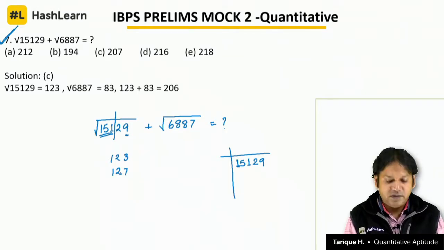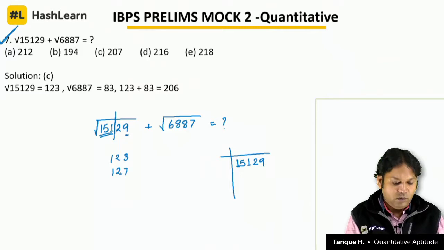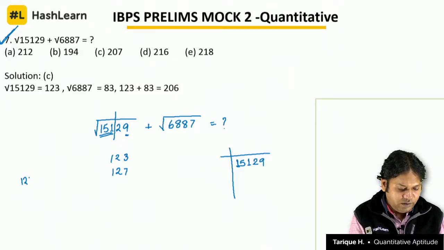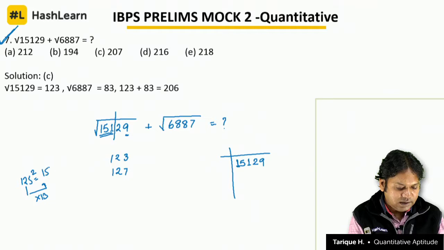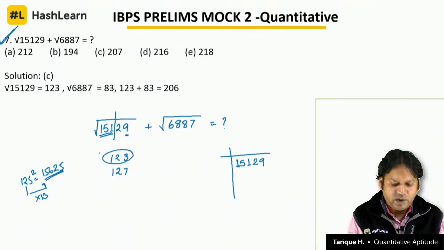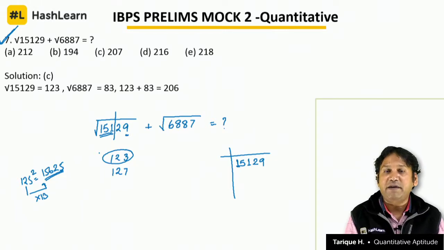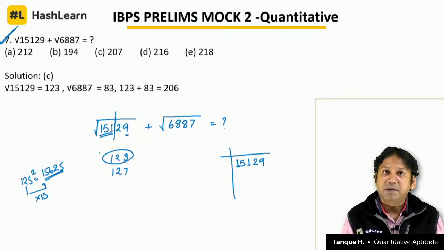So you can just quickly look at what would be the square of 125. Using the shortcut technique of 12 into 13, it is 156, and 5 square is 25. It's a little less than that, something close to 123. In fact 15129 is a perfect square and it's the square of 123.